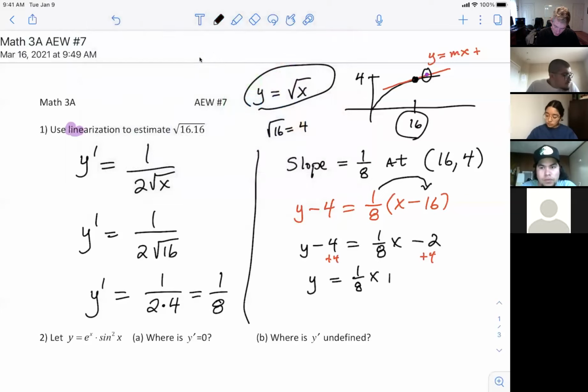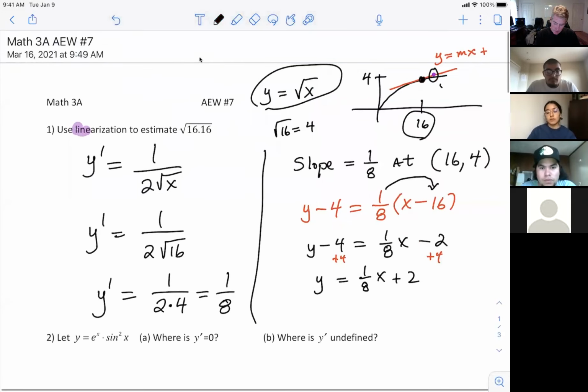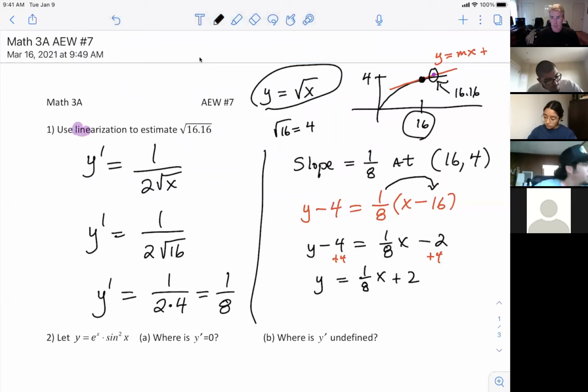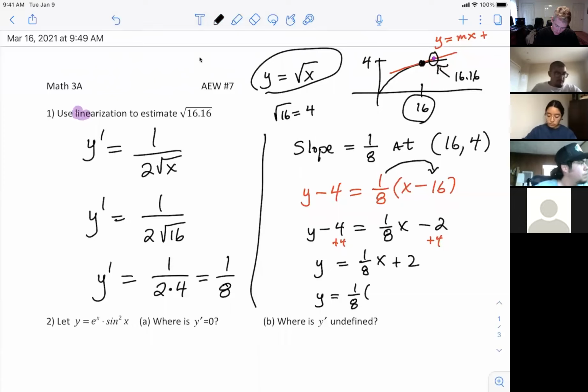So then it's going to be plus a 2. And then the last part is what I was saying right here. Now plug in the 16.16 to the line, and it will be a good estimate for the square root. So it's going to be 1/8 of 16.16, and then plus a 2.